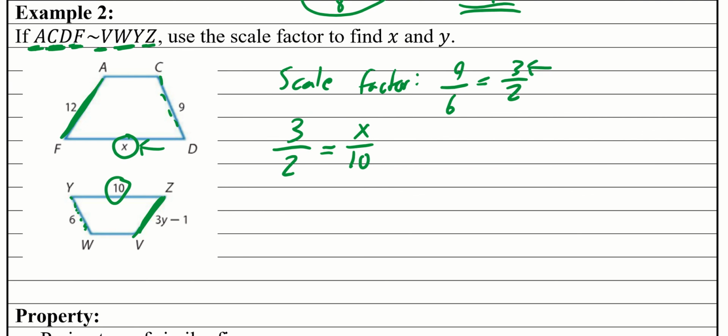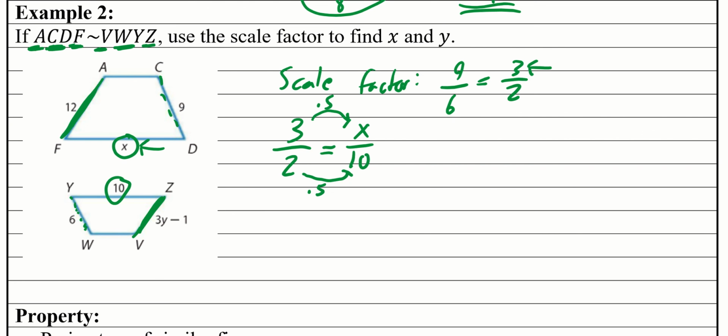2 is on the bottom, and 10 was on the bottom as well. Now from here, there are multiple ways to solve these kinds of proportions. The first thing you can look for is a number that you could multiply by to go from the left to the right. This only works for multiplication and division, so don't try to add or subtract. If I look at this, to get from 2 to 10, I just need to multiply by 5. That's good, because that's the same rule for the top.